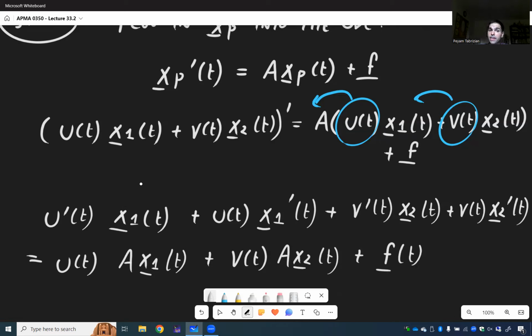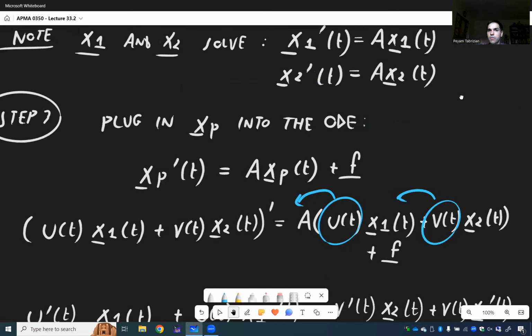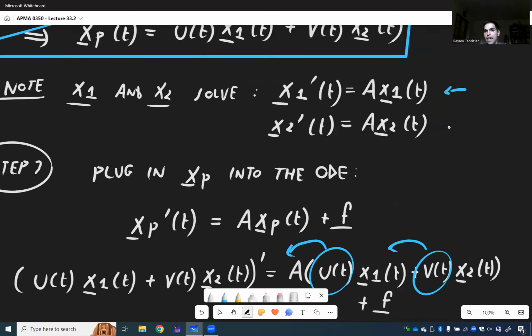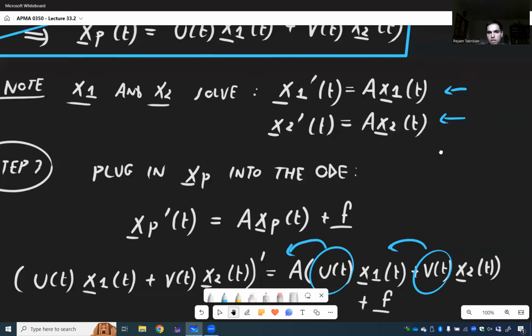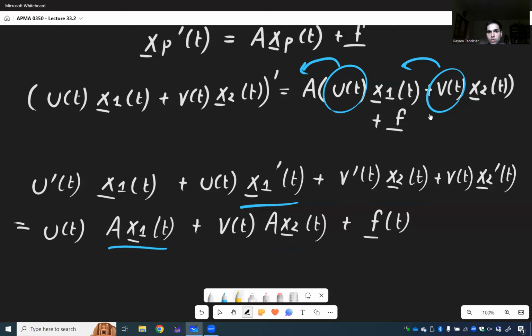Now, as complicated as this looks, there are actually a bunch of terms that cancel out. Because remember, I told you x1 prime is Ax1, like right above, and x2 prime is Ax2. So you can check, because those terms are equal, actually most of that thing cancels out.